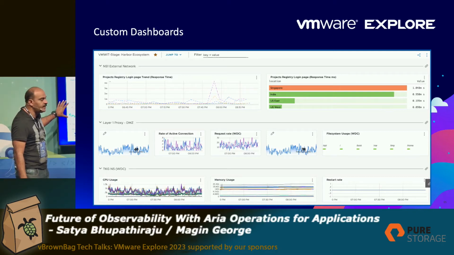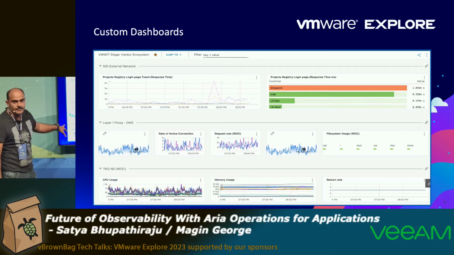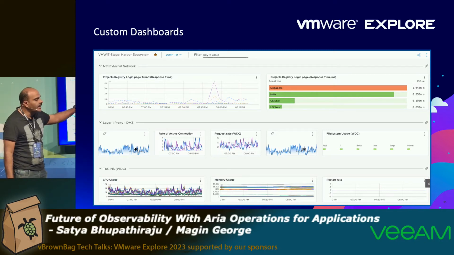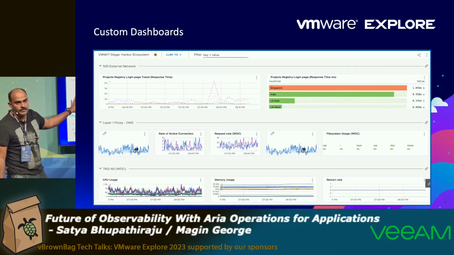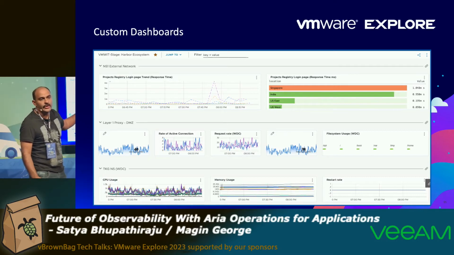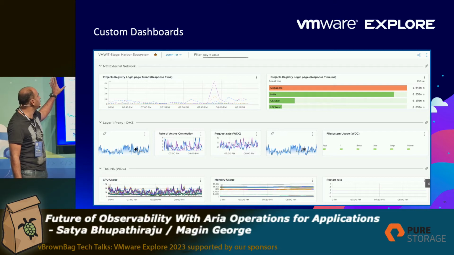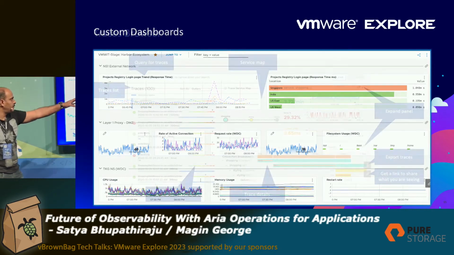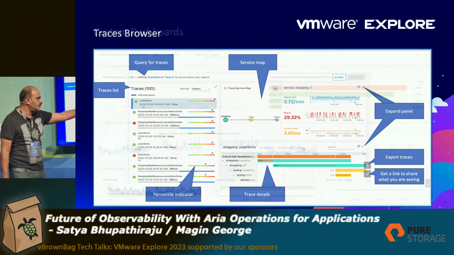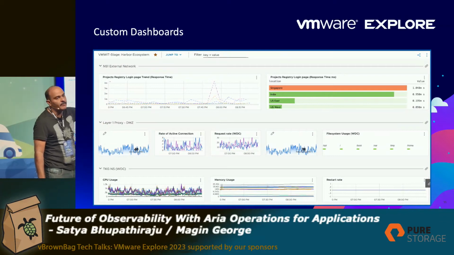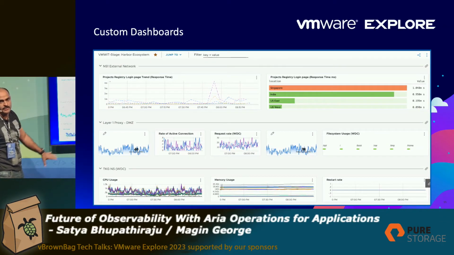And this is a layer 1 proxy. Based on the need, this is from the TKG environment. So you can create your own dashboard, which is highly customizable to your needs. Okay, so these are the custom dashboards. The metrics of your interest can be used in creating these dashboards.